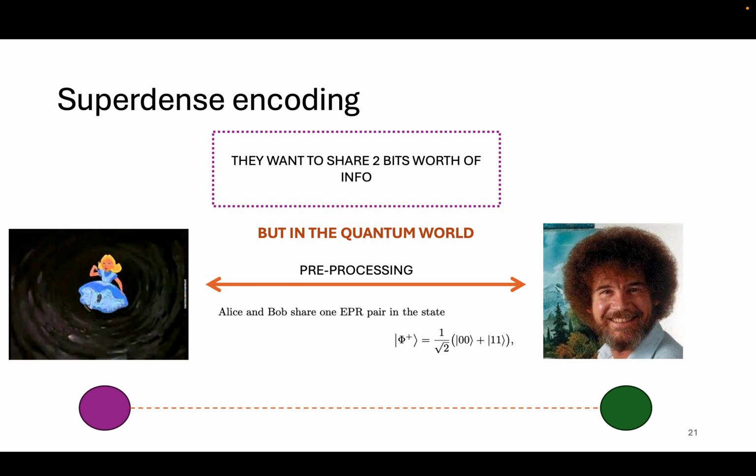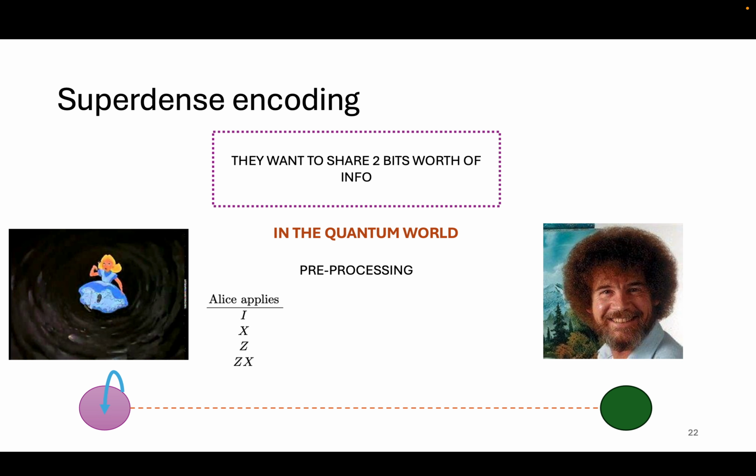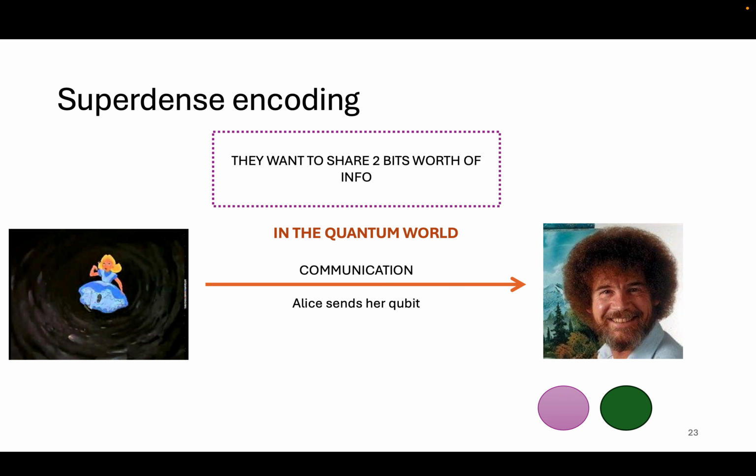But in the quantum world, we can play around with something. We can set up a pre-processing step in which Alice and Bob share an EPR pair, meaning they have 2 qubits that are entangled with each other. Then Alice applies some sort of rotation to her qubit and forwards it to Bob.